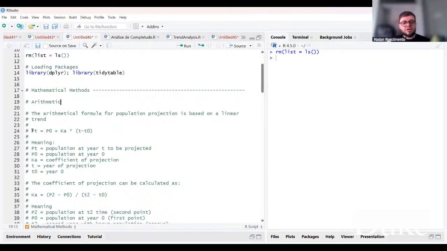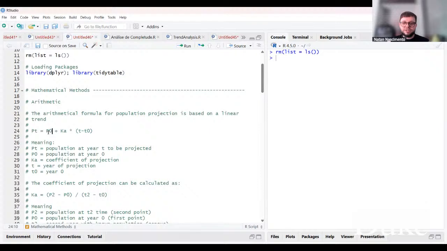And the base of the arithmetic method is the population at the year to be projected equals the population at year 0, plus a coefficient of projection multiplied by the year of projection minus the year of the census. That means that we want the population at year t based on a population at year 0 and another population.